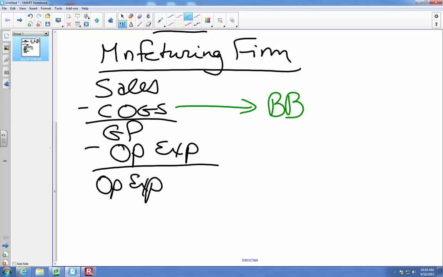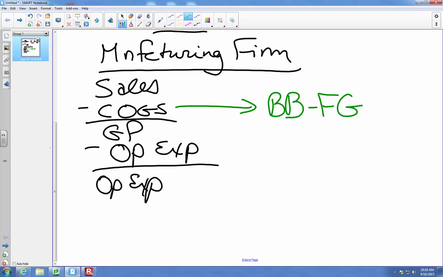There's three kinds of inventory. What are they? Raw material, work in process, and finished goods. Beginning balance what? If it's ready to sell, it's got to be finished goods. Beginning balance, finished goods. Plus what?